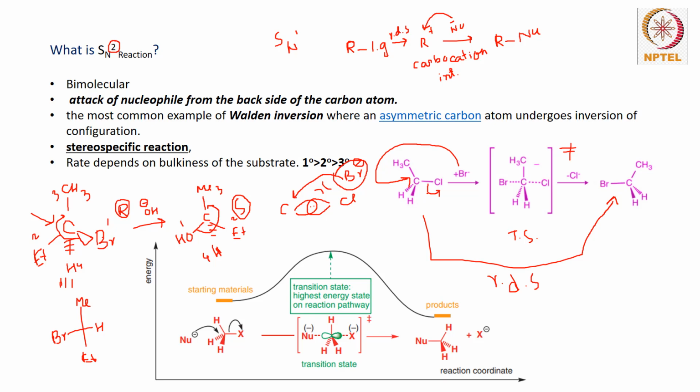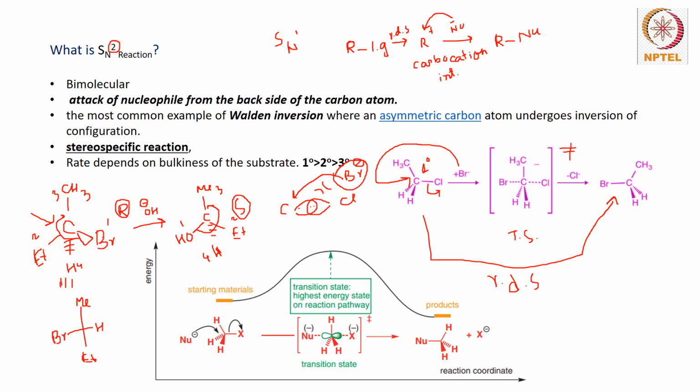So that's why if the carbon center is less crowded, then it can attack very easily and remove the leaving group from the system. So if the carbon is 1 degree, that means it has one carbon bonded to itself. Here the carbon is 1 degree.